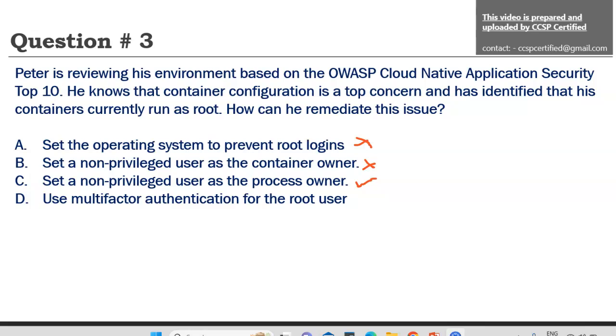We are asking how to stop the container from running as root, so we should not go with those options. Then the only option left is a non-privileged user as process owner. If you set it, then a non-privileged user becomes the process owner and the root configuration will not be touched by them. This way, you can arrive at the answer even if you don't know it, by eliminating the remaining options.